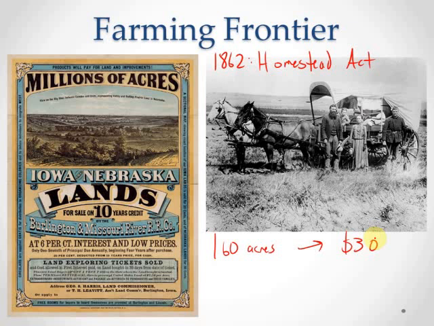That is not bad. That's like a month's worth of work. Now, would you be willing to save up a month's worth of work to buy a quarter the size of La Puente? I sure would.